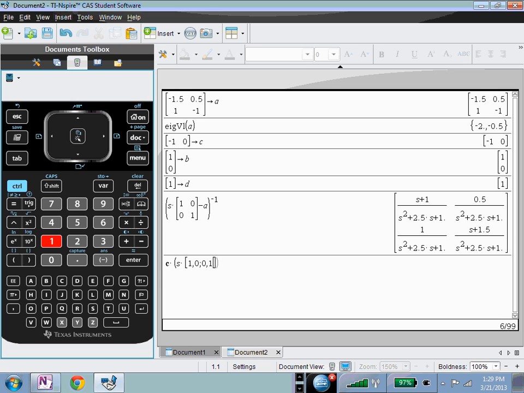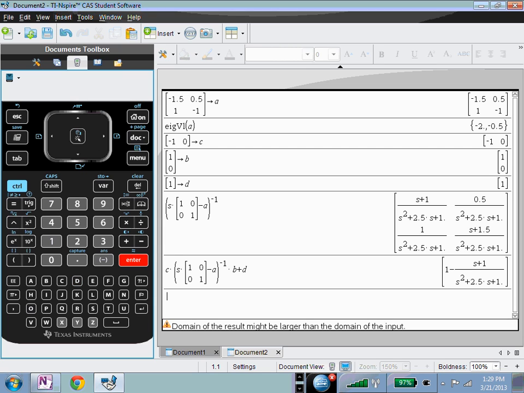But there's SI minus A, and A is bold. It seems to know that, oh, that's something in memory. Minus 1, now times B, but we want that plus D, didn't we? And now that's our transfer function, G of S. 1 minus that mess, which is what we had before.